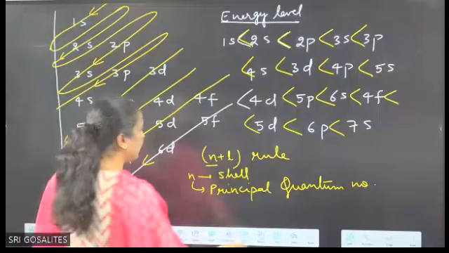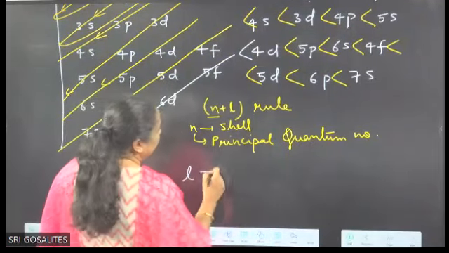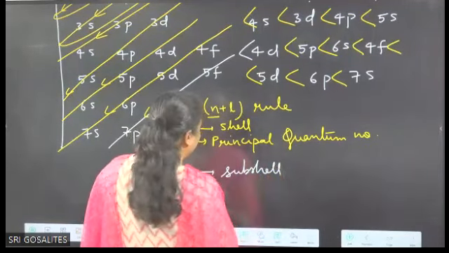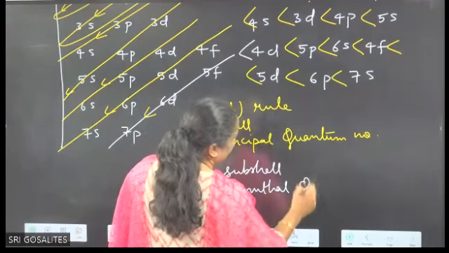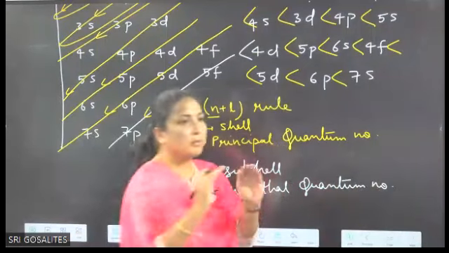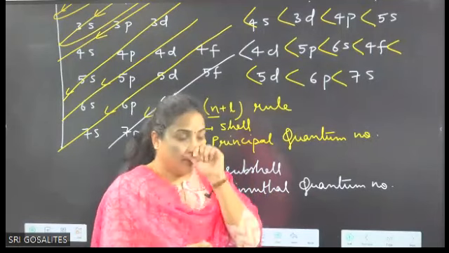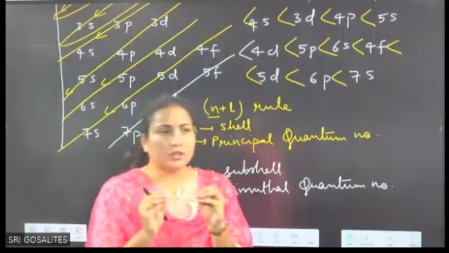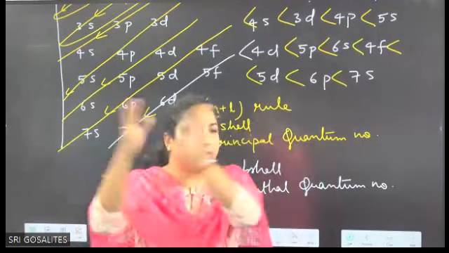And L is your azimuthal quantum number. You just remember the name. L tells you about the subshell. So you just remember it like this: shell, subshell, and orbital, right? If you are not able to relate to these terminologies, suppose there is a building, and treat that building like an atom.